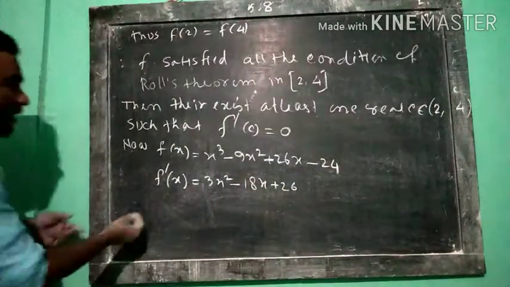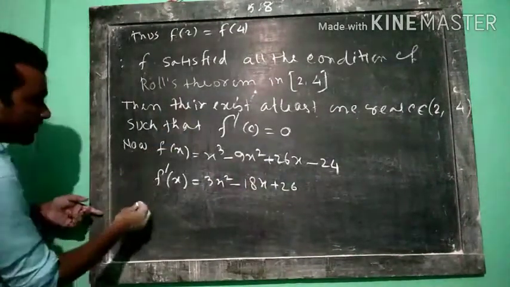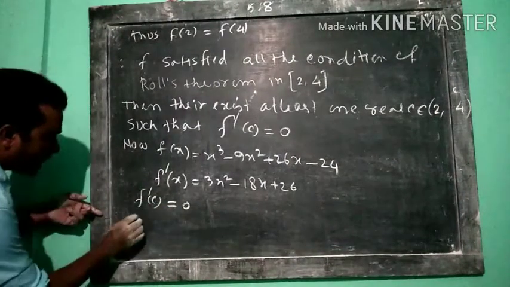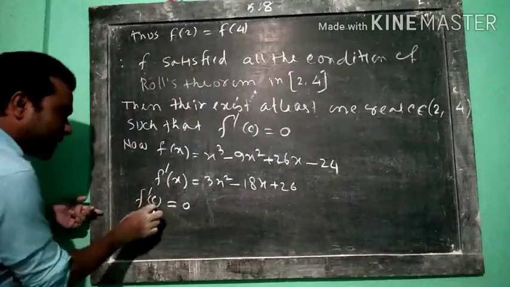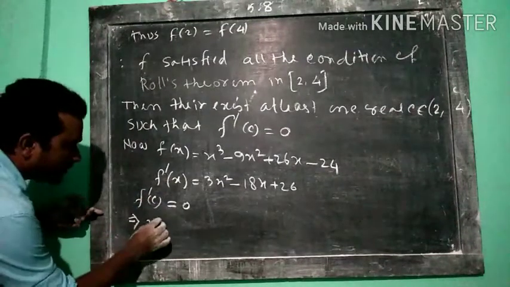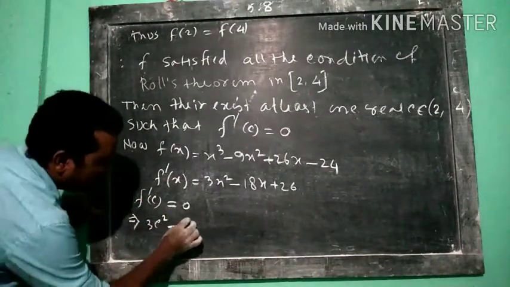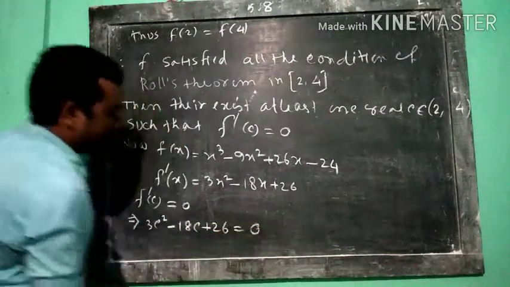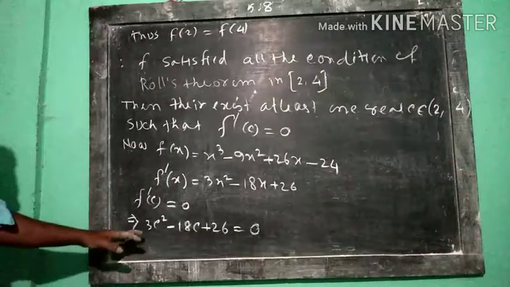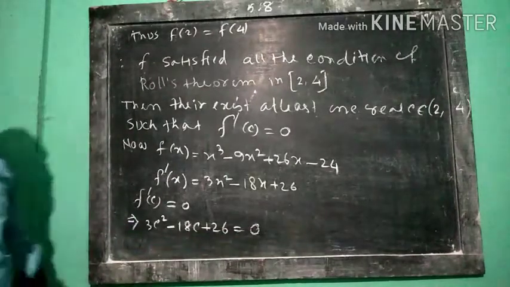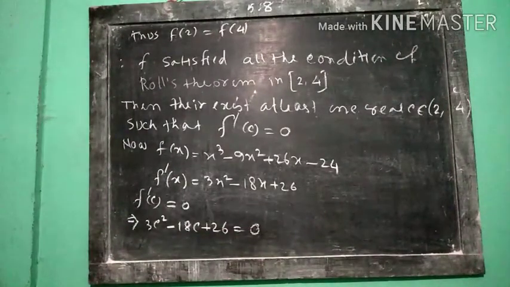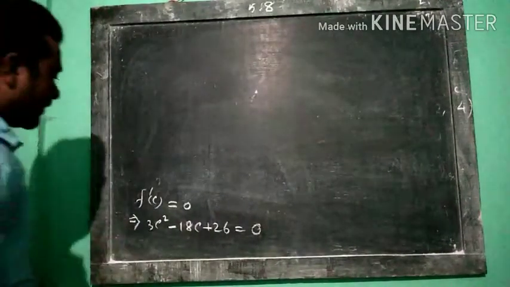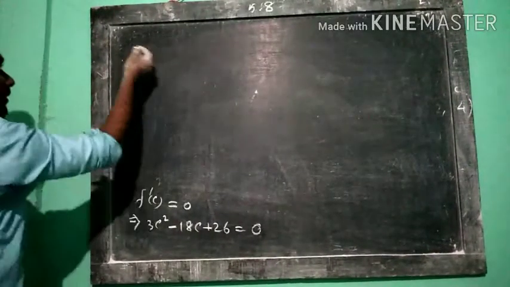Now f'(c) equal to 0 implies, with x replaced by c, 3c square minus 18c plus 26 equal to 0. Here we get a quadratic equation. So let's try to solve it.